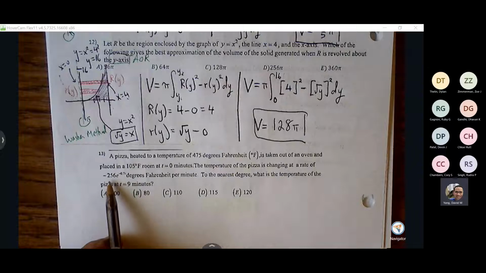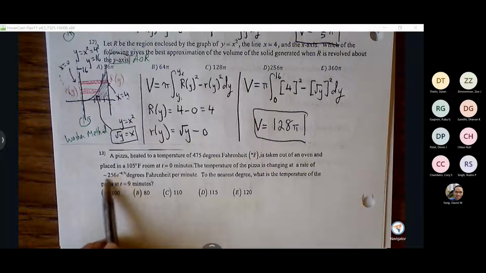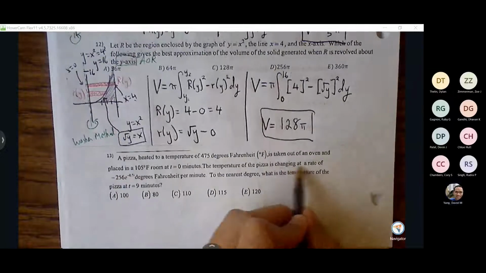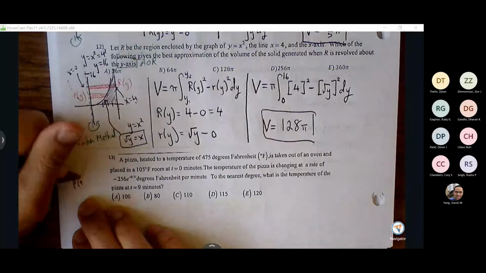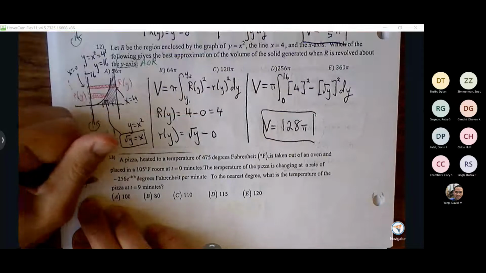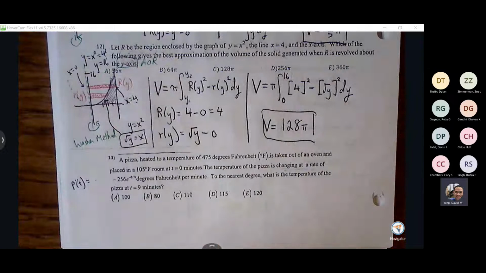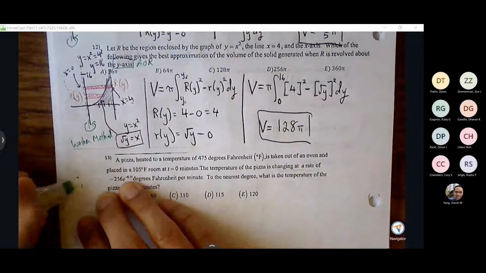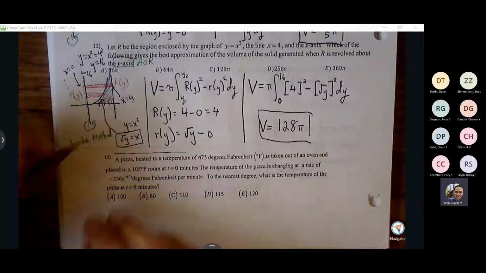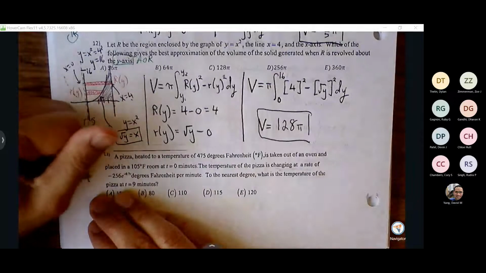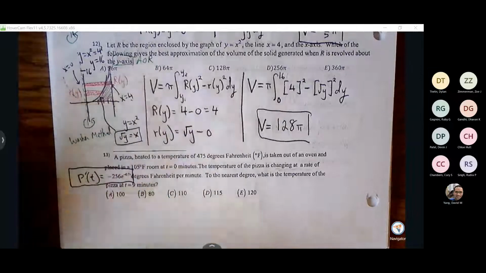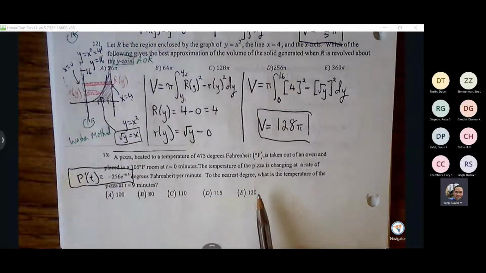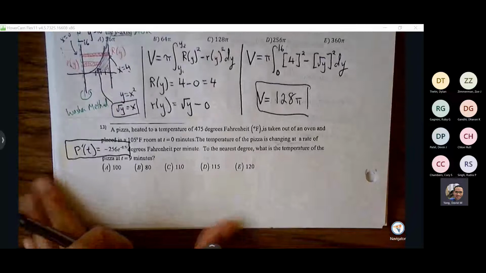So think of this as your derivative, or your P prime, because you see rate here. To the nearest degree, what is the temperature of the pizza at 9 minutes?